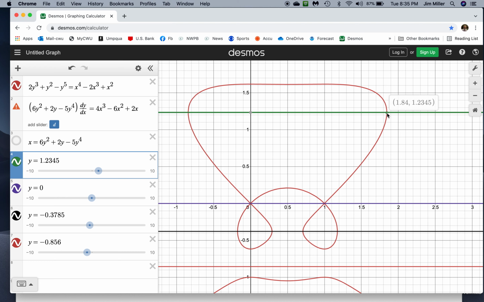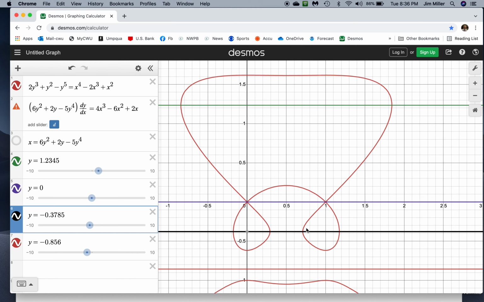And this one is that number. So there are 2 of the points where there are vertical tangents. There are vertical tangents right here. That's one of them. That's another one. That's another one. And that's another one. This one, it turns out there are no vertical tangents because it never hits the curve.